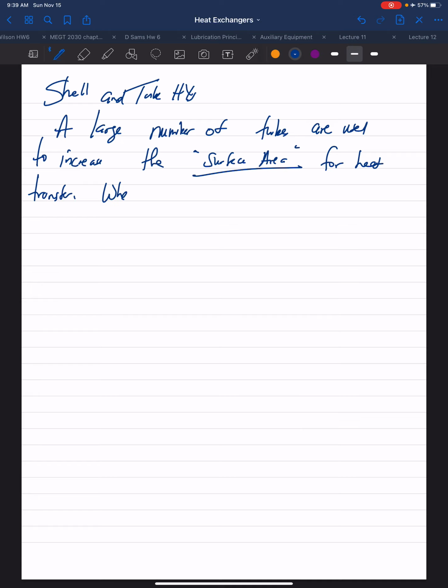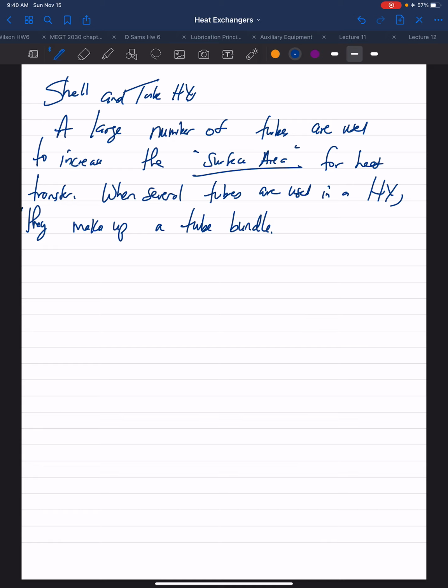So when several tubes are used in a heat exchanger, they make up a tube bundle.